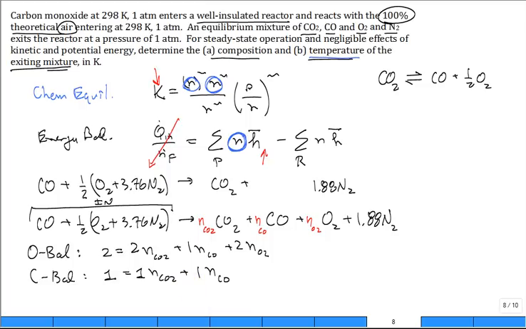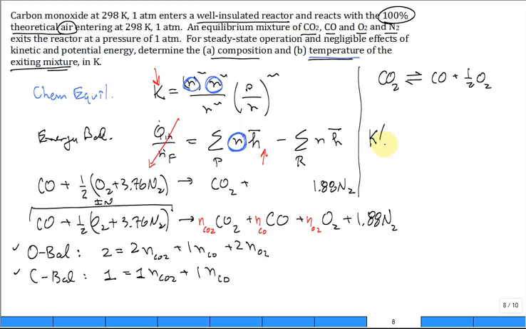So I have this one equation, second equation, and our chemical equilibrium equation, maybe I'll write it up here, is the K, which is going to be a function of temperature.